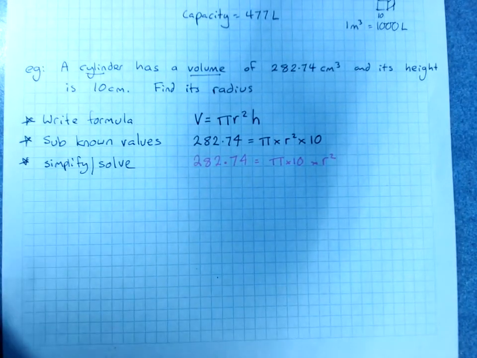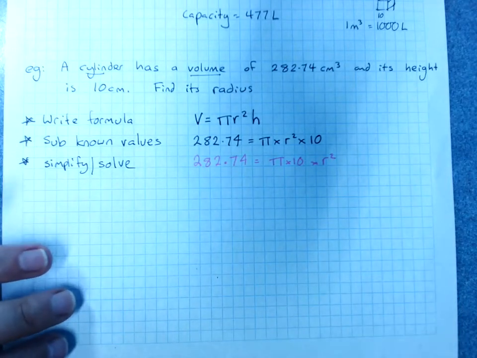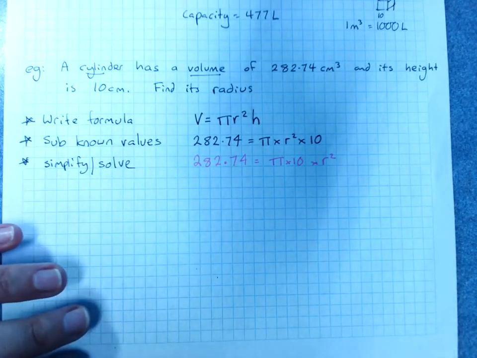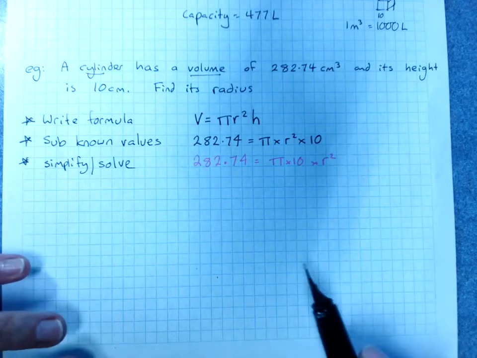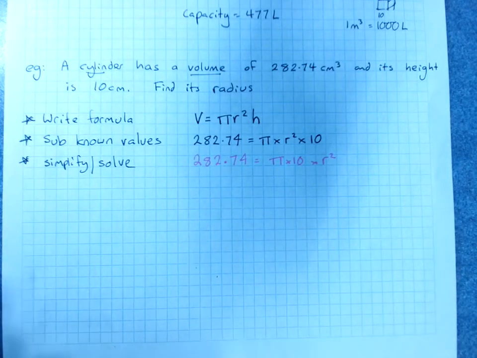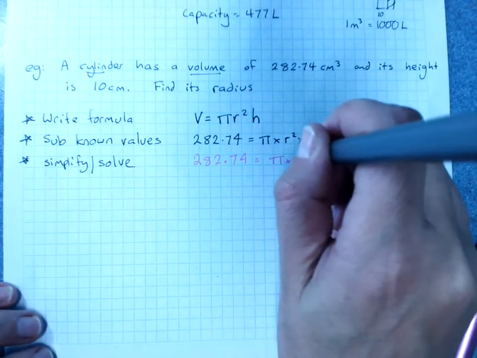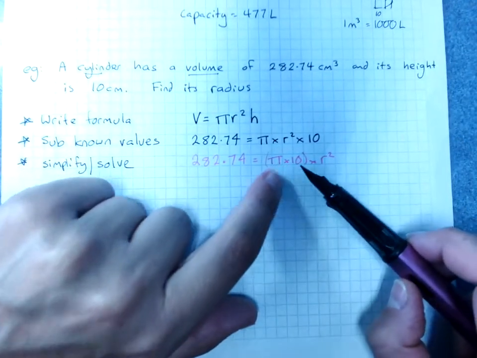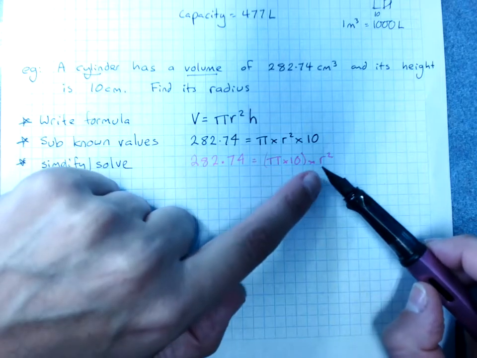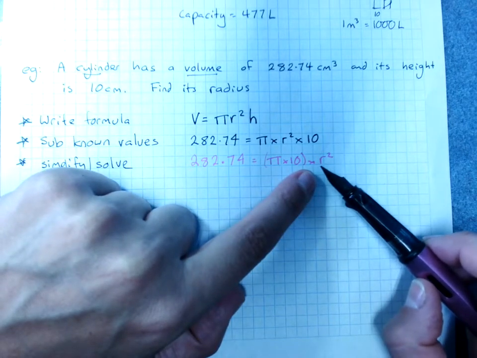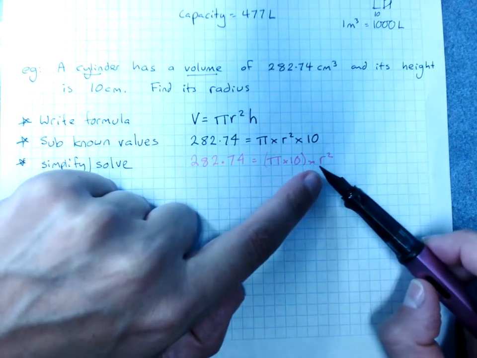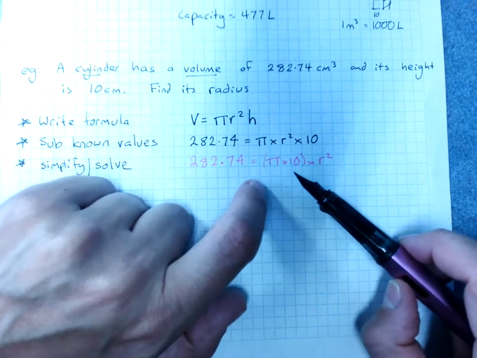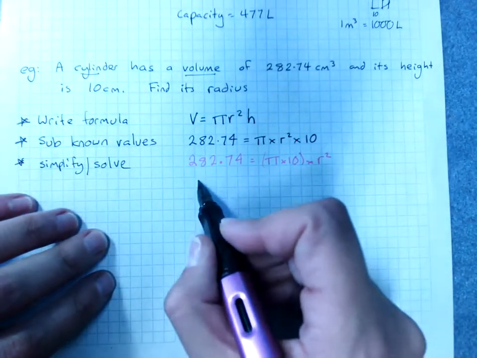This is an equation. We need to get the radius on its own to find out what it would be. We need to get rid of everything else by doing the opposite. And if you imagine that we popped brackets around that, I can get rid of this pi times 10 because it was times by the radius squared here. I can get rid of times by pi times 10 by dividing both sides by pi times 10.